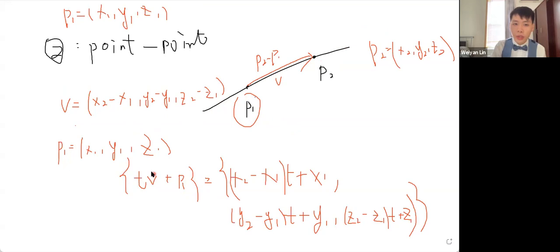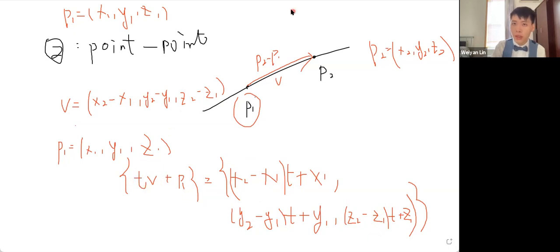So what is your v? V is P2 minus P1, which is x2 minus x1, y2 minus y1, z2 minus z1. So t times v: we span the vector v by applying t to each coordinate, t times x2 minus x1, t times y2 minus y1, t times z2 minus z1.